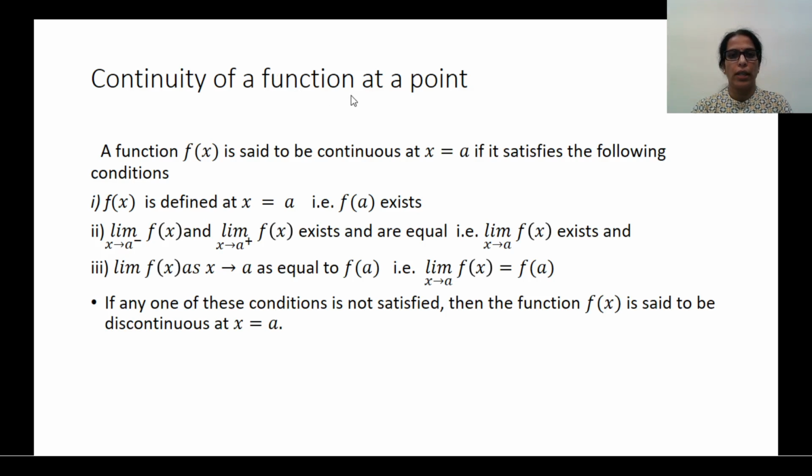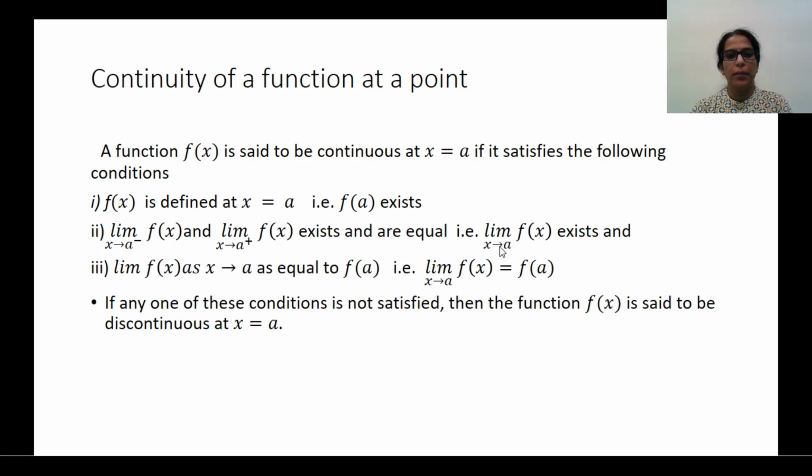Continuity of a function at a point. A function f of x is said to be continuous at x equal to a if it satisfies the following conditions. The first condition is f of x is defined at x equal to a. That means f of a exists. Second, left hand limit equals right hand limit and it exists.